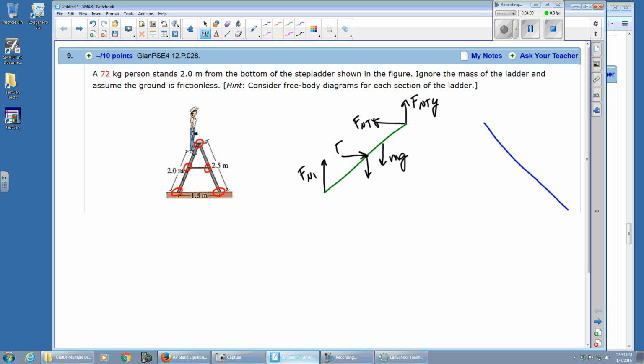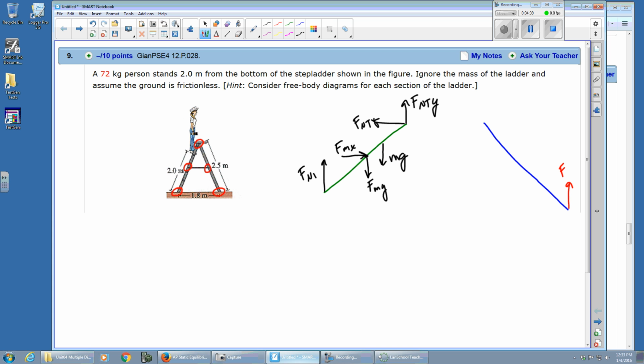So let's call that force middle x and force middle y for the left-hand side. Now, some of those forces may end up being 0, but I'd rather assume they were there and then work them out to be 0 than assume they're 0 and end up stuck because I didn't think they were there. So here we go again.